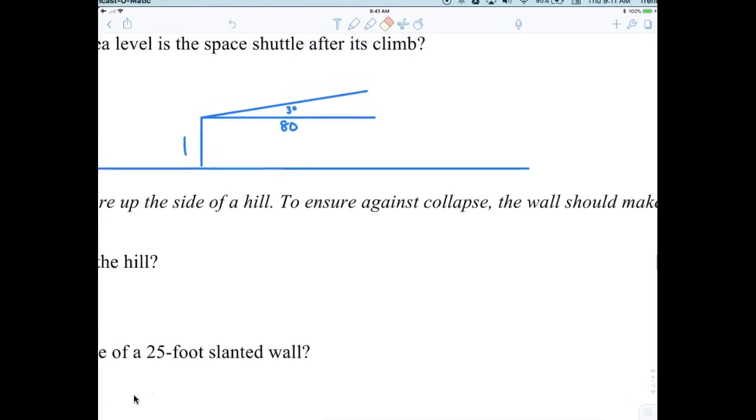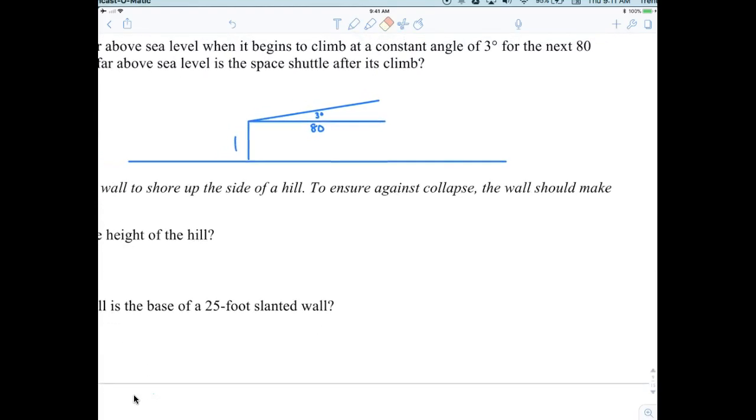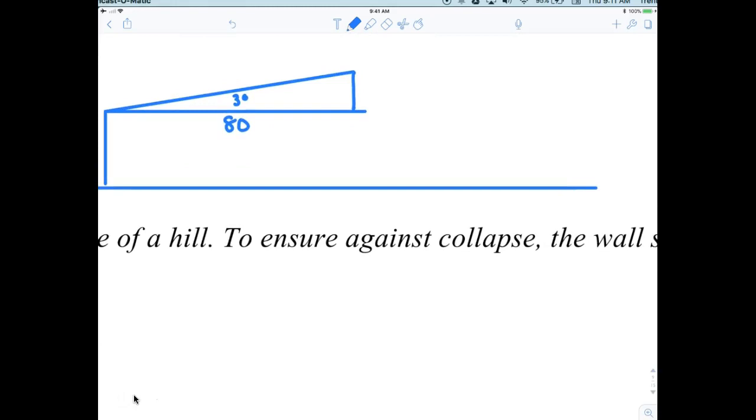So the question is now, how high off the ground, all right? To figure out how high off the ground, we're going to figure out what this is, and then we're going to add what? 1. We're going to add 1, because the space shuttle is 1 kilometer off the ground.